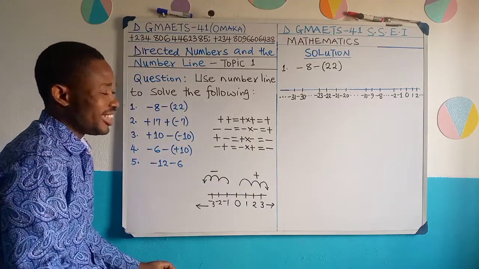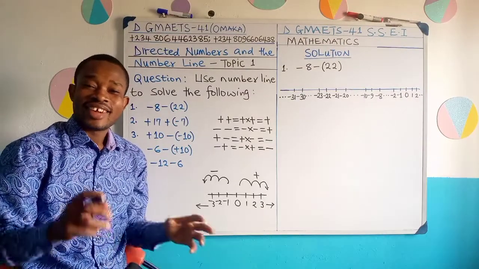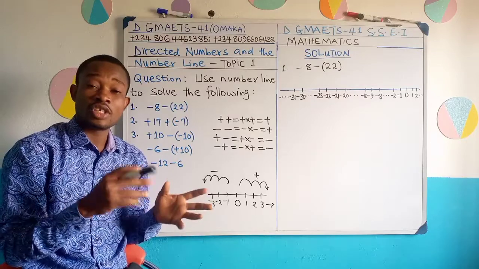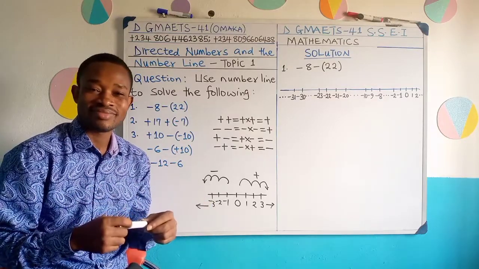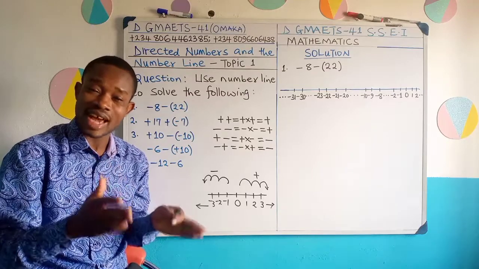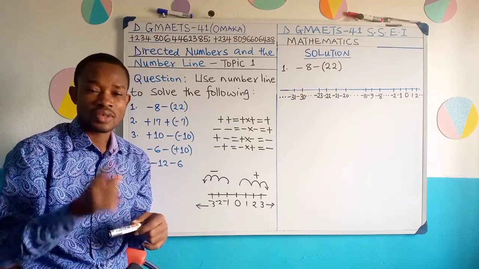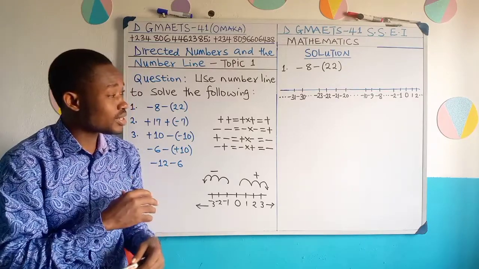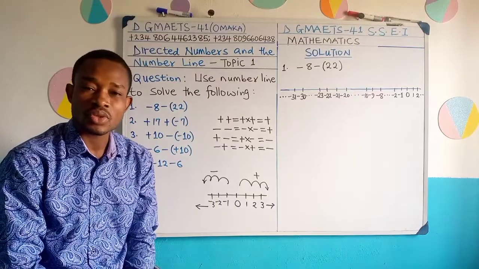Once again, did you observe anything? Look at what I saw here. If you're dealing with different signs, what it will give to you will be minus. So remember this. We need this knowledge in order to be able to solve problems on directed numbers.